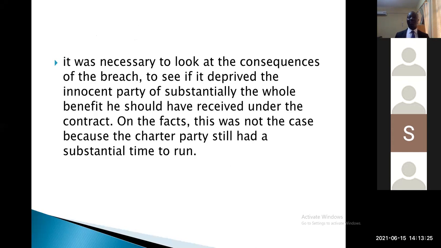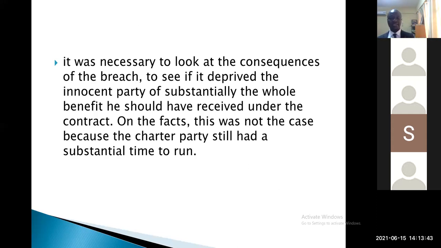If the effect of the breach is to substantially deprive the innocent party of the entire benefit which he ought to have had under the contract, then the court will say that the innocent party should be given remedies which are given for a breach of a condition.